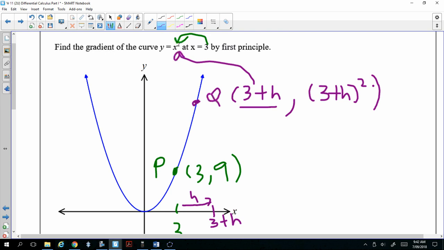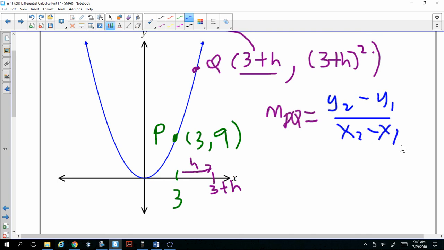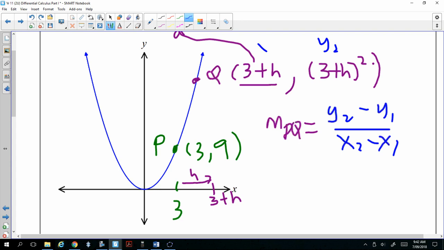Now, the gradient formula of PQ is y2 minus y1 over x2 minus x1. That's your y2, x2, that's x1, y1. And we're going to subtract them: 3 plus h squared minus 9 over 3 plus h minus 3.